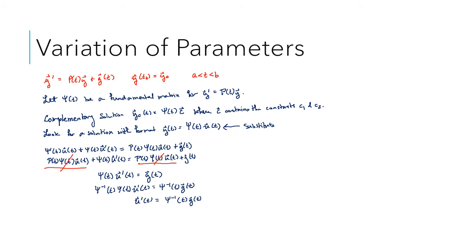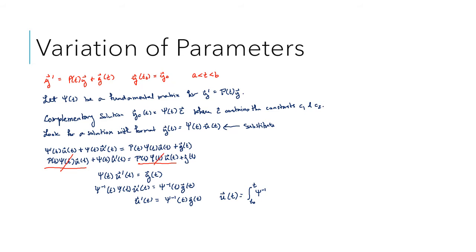So now I know what form that little extra u prime should have. Now at this point, I'm going to figure out what u is, because I don't really need u prime, I need u, because I'm looking for a solution that has this particular format to it. So we're going to integrate. That means that u of t should be the integral from some starting value, t naught, up to t of psi inverse.